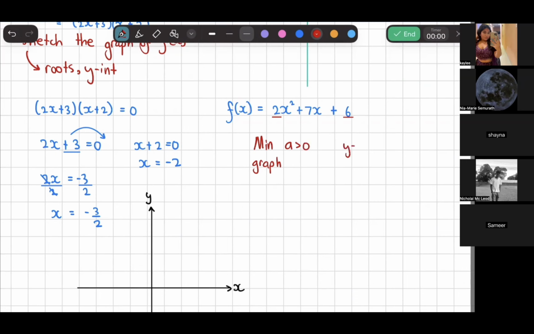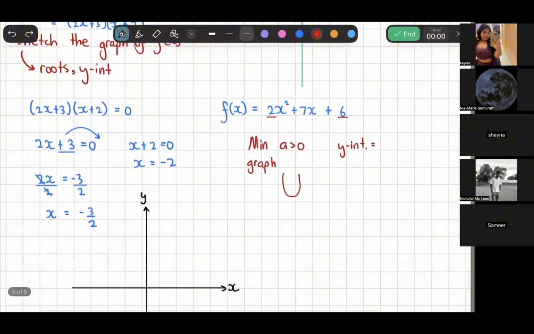And the y-intercept would be what? Someone just remind me, the y-intercept would be? We know what the y-intercept is. What's the y-intercept for this? 6. Yeah, it's 6. You're just looking at the c value.